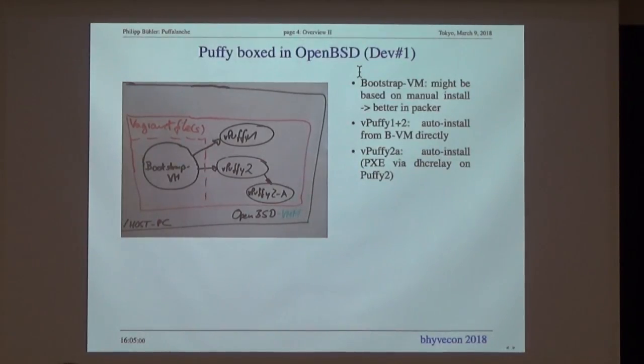But it would probably be a better idea to even automate that one and make an image. You're just booting and creating that image would be, for example, with Packer.